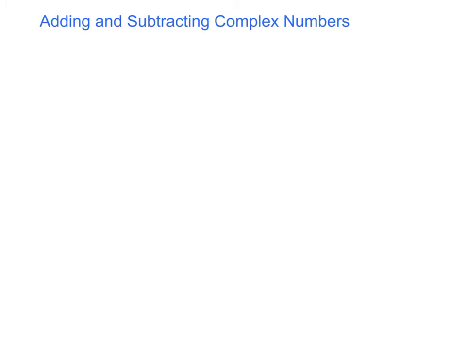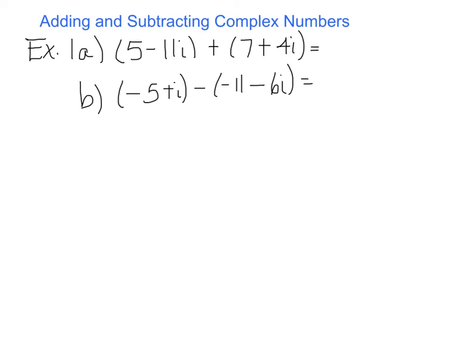Now we're going to look at adding and subtracting complex numbers. So what you have to do is remember to add or subtract the real number part and add or subtract the imaginary part. Okay, so let's look at 1a. We have 5 plus 7, which is the real part, which is 12.